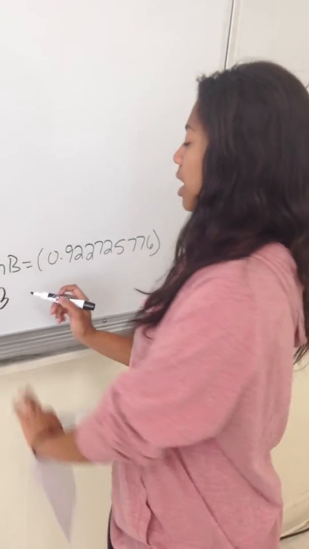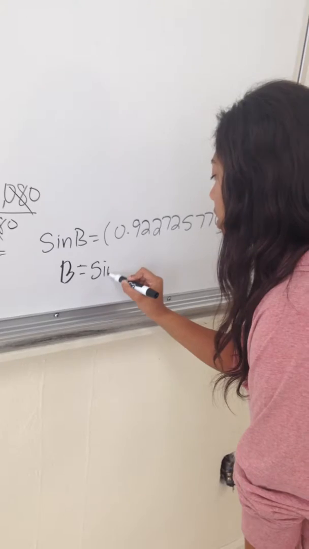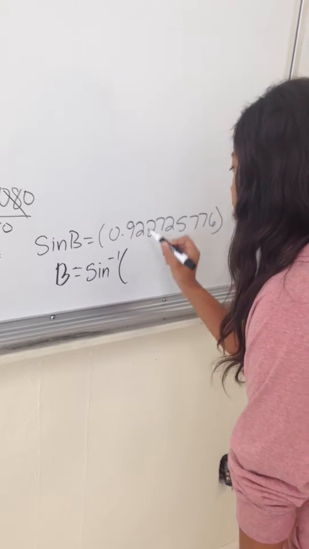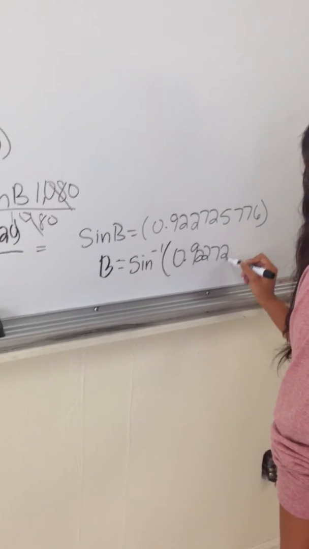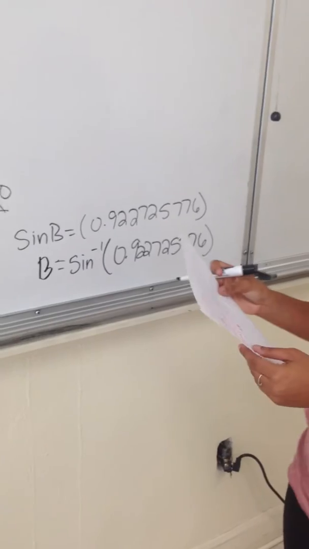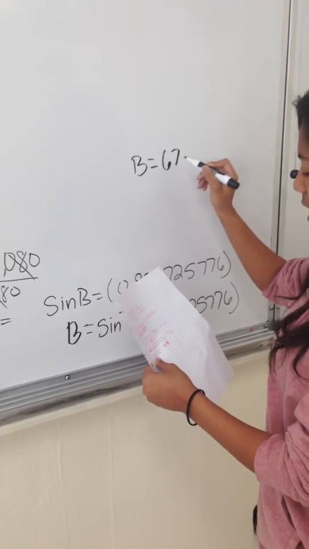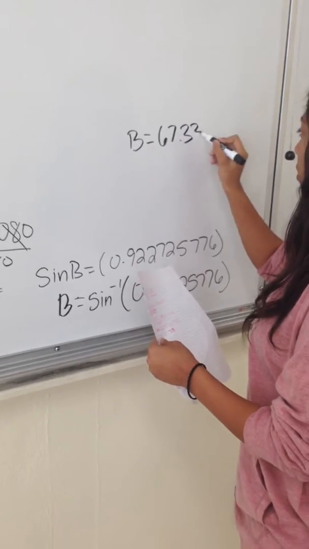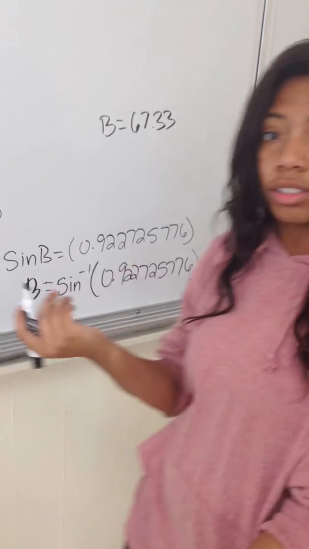So I'm going to use B equals sine inverse of this answer, 0.922725776. And that answer is B equals 67.33. We're just going to round it to the nearest hundredth. And so that's angle B.